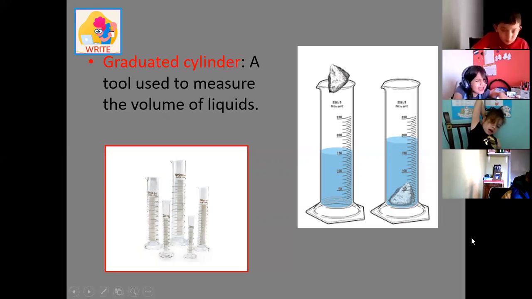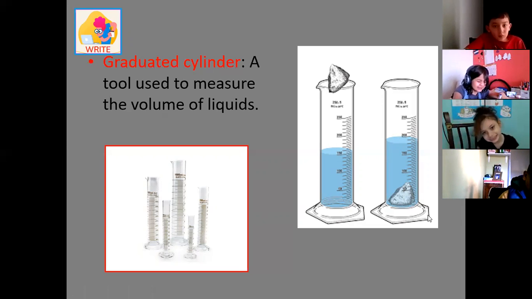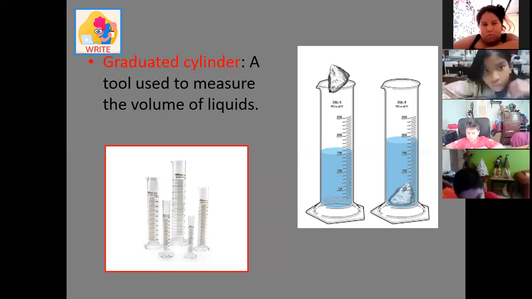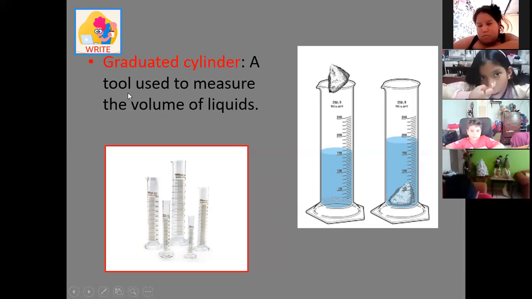That's why graduated cylinders come in different sizes, for different objects. A graduated cylinder is a tool used to measure the volume of liquids.